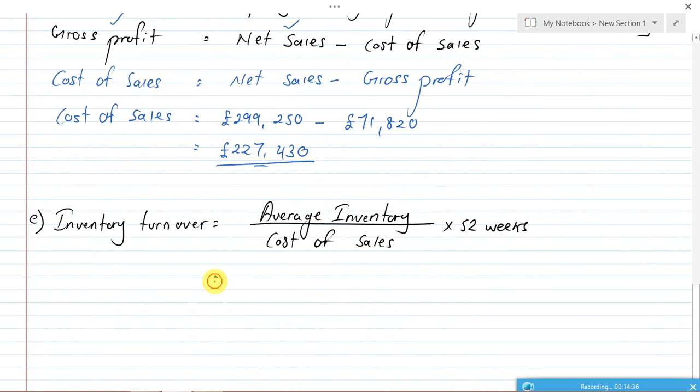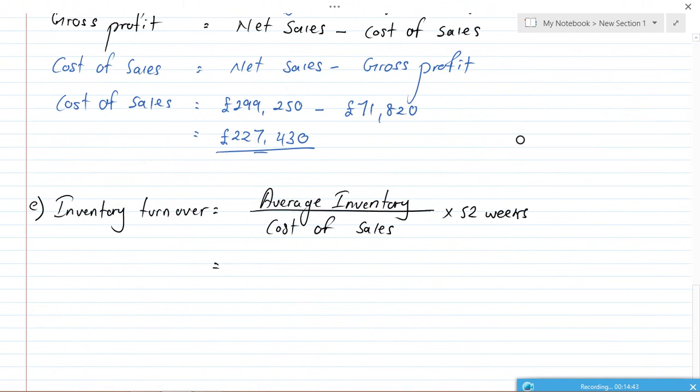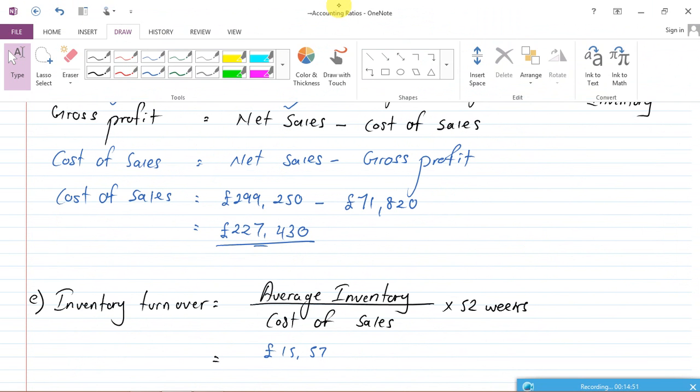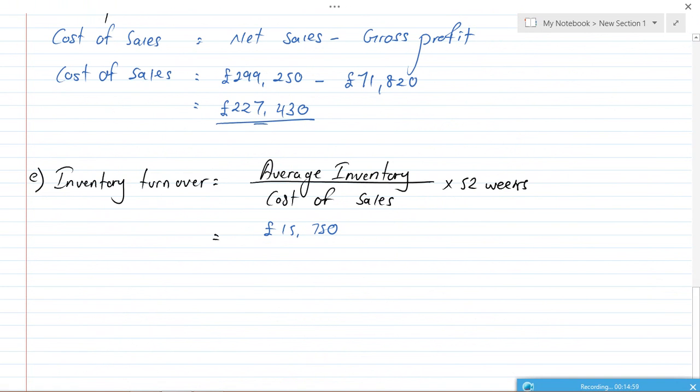So the same working: our average inventory 15,750, and your cost of sales is over here 227,430, times with 52 weeks, which gives .6 weeks. So that's our answer. So that's all guys. We are done on the part E.